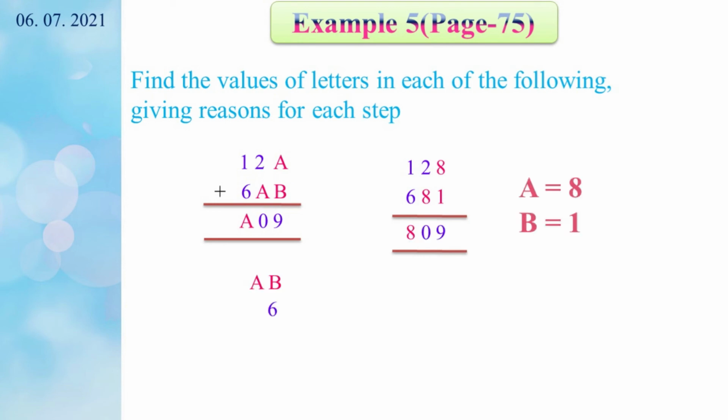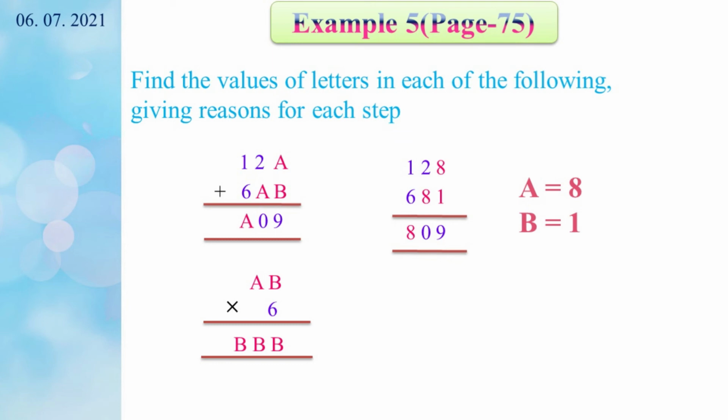Next question. AB times 6, product of result B. Here the product of B and 6 must have the same ones place digit as B. 6 into 1 is 6, 6 into 2 is 12, 6 into 3 is 18, 6 into 4 is 24.